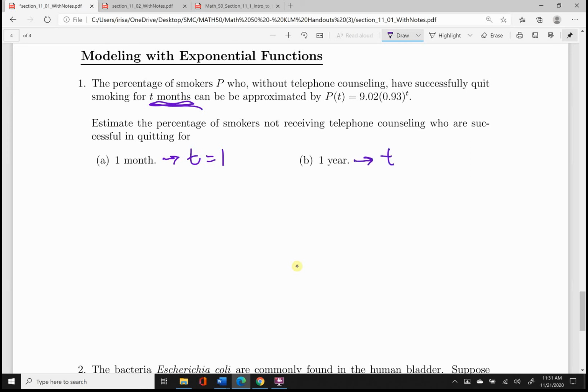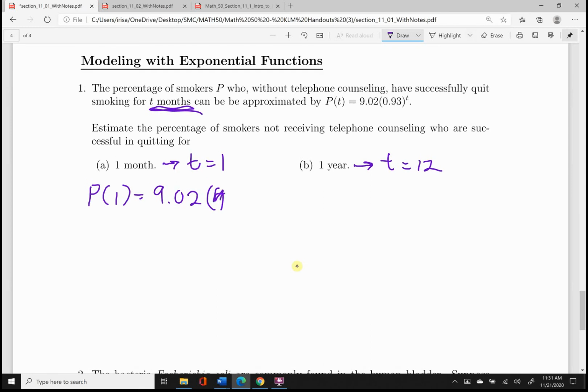So for this one, you're just going to plug in t equals 12 into your function. Okay, so let's go ahead and do that. So this will look like P of 1 is equal to 9.02 times 0.93.